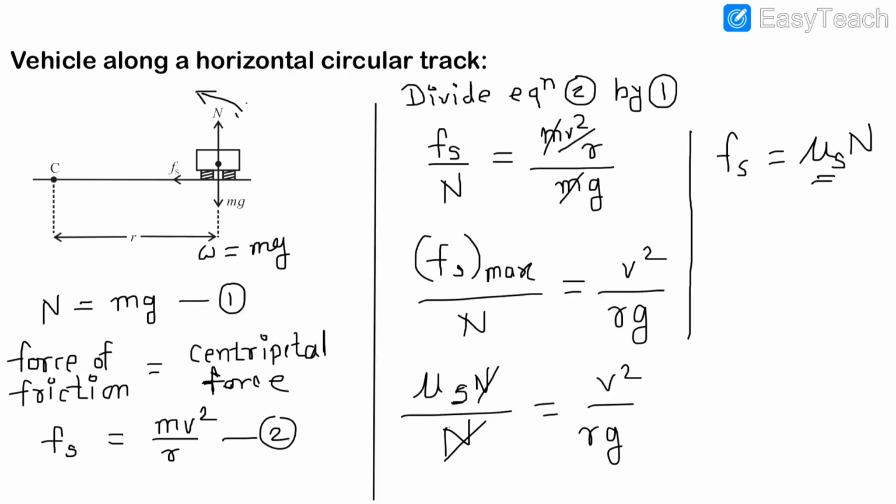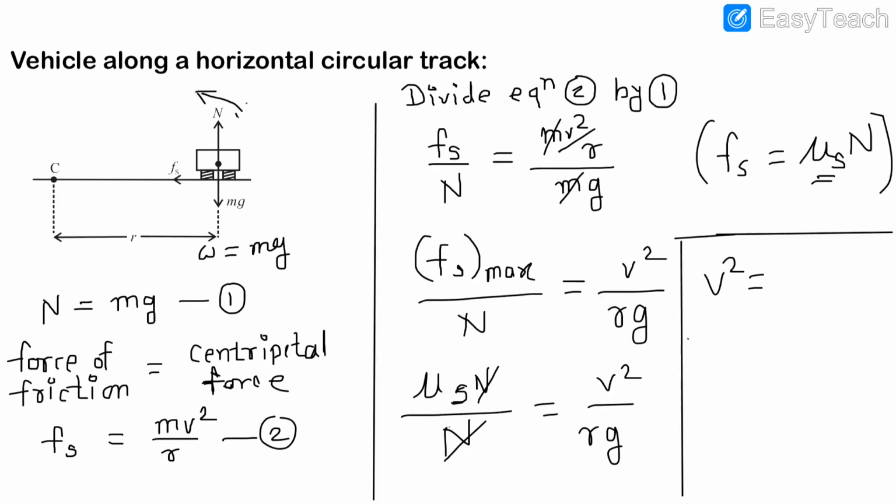Here N cancels. We get the equation for speed: v square is equal to mu suffix s r g.